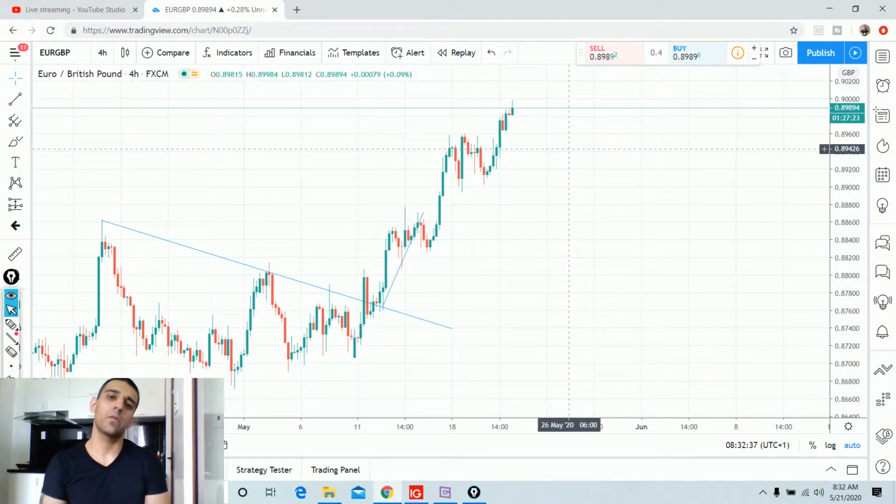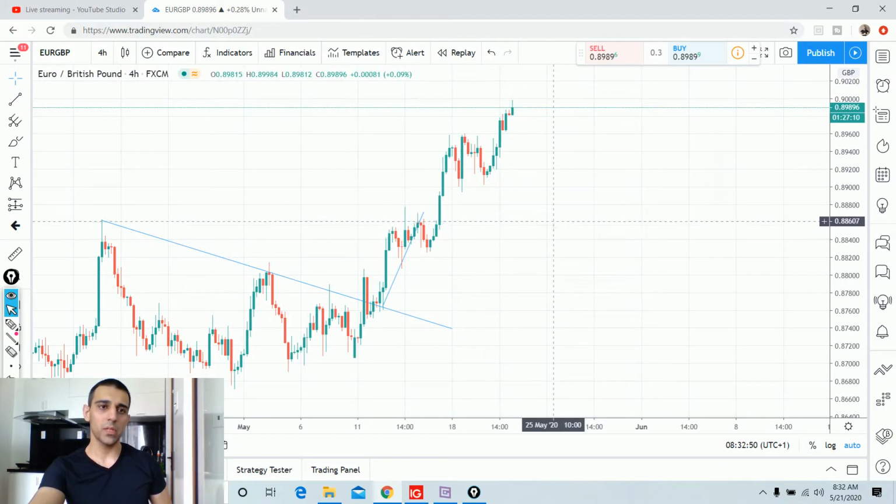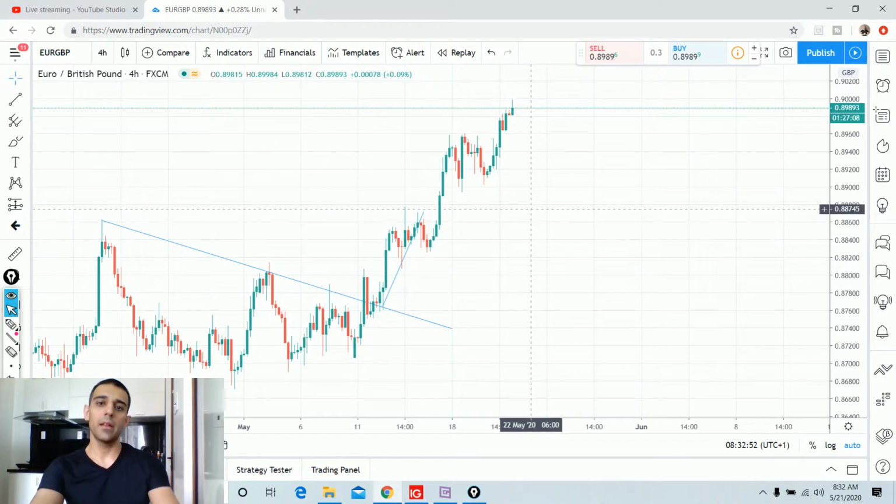Then it could be a potential entry for the trade, but I can't really mention the levels at the moment because it still needs to do so much work before this pair gets me interested to trade either the long or short side.